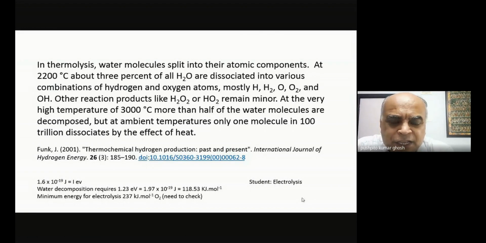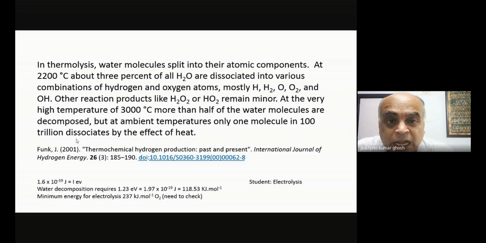If you try to just heat up water, let's say to about 100 degrees centigrade, or even ambient temperature, only one molecule in 100 trillion would be dissociated by the effect of heat. So it's a very tiny fraction.